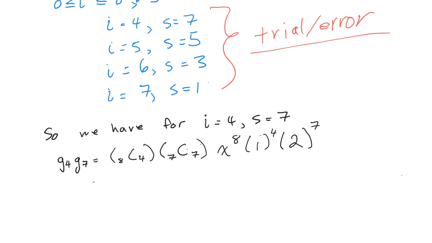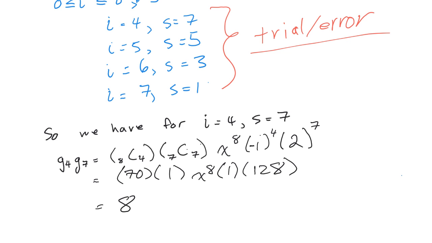So now let's finish off this calculation. 8C4 is 70, and 7C7 is 1, and then we have an x to the 8, and then we have negative 1 to the 4, sorry, which is just 1, times 2 to the 7, which is 128, which means for this first term we're getting 8,960 x to the 8.